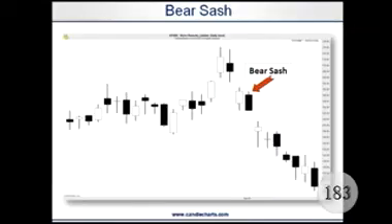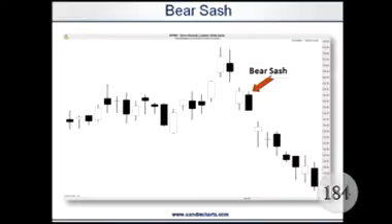The important thing is, you have a bear sash, and what you should be saying to yourself is, it's not so much whether the market's going to move down the next session, it's whether it's a good trade. Because if you have a bear sash and it's a bad risk-reward, even if the market moved down the next session, you wouldn't have done the trade. So you can't really test candles in isolation.